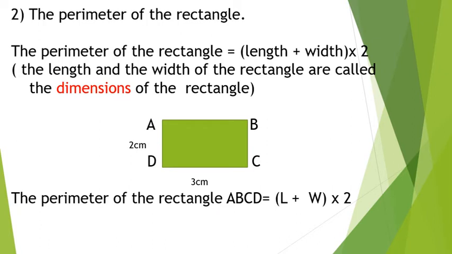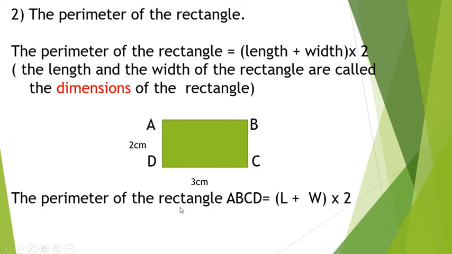The perimeter of the rectangle equal length plus width by 2. The length and the width of the rectangle are called dimensions of the rectangle. The rectangle ABCD, the length 2 cm, the width 3 cm.